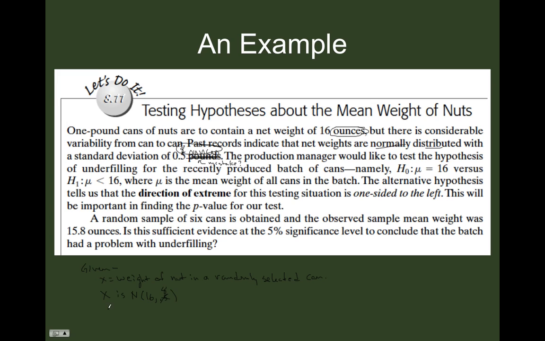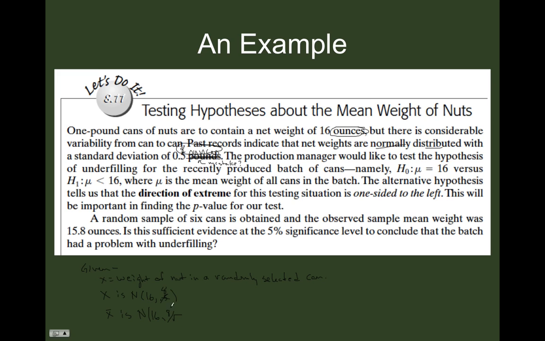Now the sample mean is given, so we have an observed value, but the question is, what is X bar's distribution? Well, since X is normally distributed, X bar is also going to be normally distributed regardless of sample size. But I'm going to have to adjust the standard deviation by dividing the population standard deviation by the square root of n.